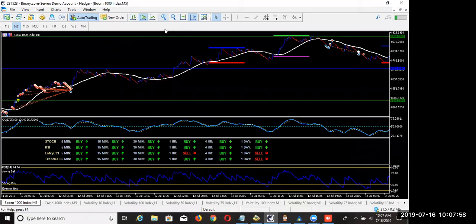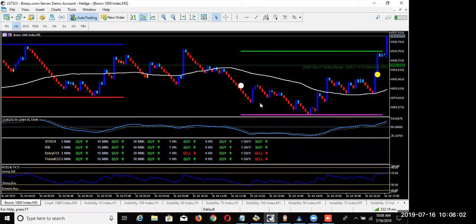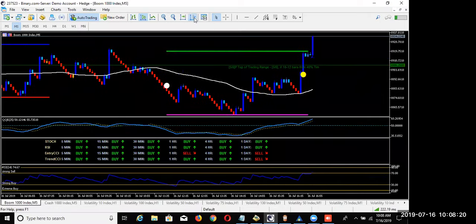If it's above, you don't hold for long. For example, see here, you sell, you hold up to 5 to 8, but when it's above, you hold only 3. 1, 2, 3 is enough, just 3 candles. But when it's on your sell trend, you hold for long.